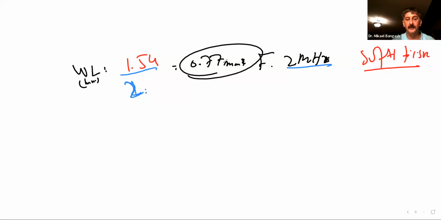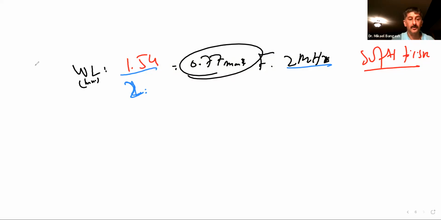So that would be the wavelength of the sound wave in soft tissue when scanning with a transducer of 2 megahertz frequency. Did you guys get that?